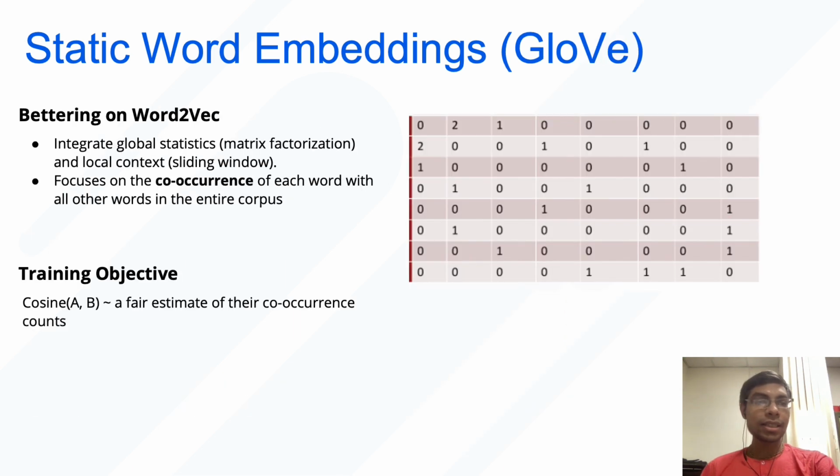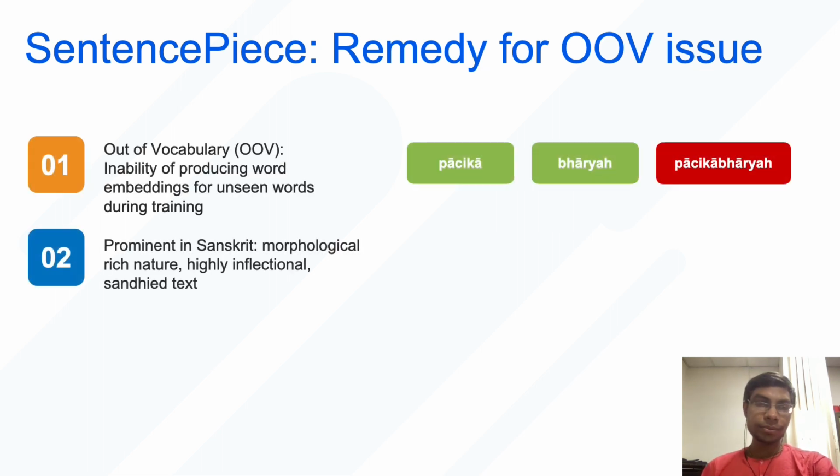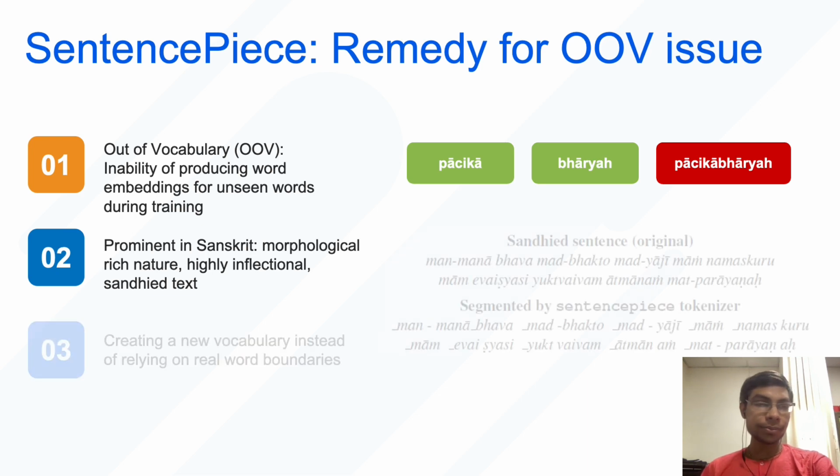GloVe uses a global co-occurrence matrix, and it has a different training objective in contrast to the Word2Vec approach. Word2Vec and GloVe both suffer from the out of vocabulary problem. To mitigate this, we used SentencePiece as a solution. So instead of applying these approaches on words directly, we apply them on segmented versions.